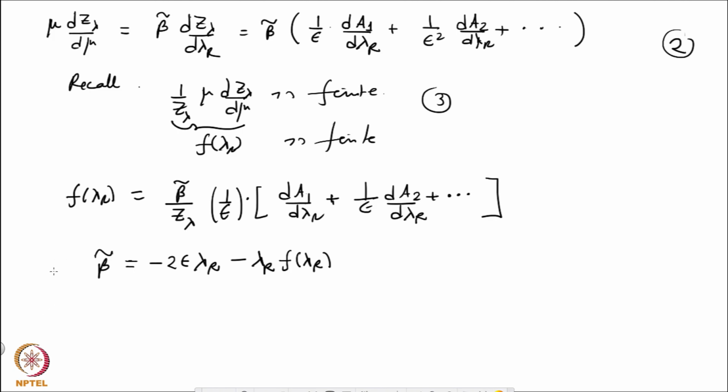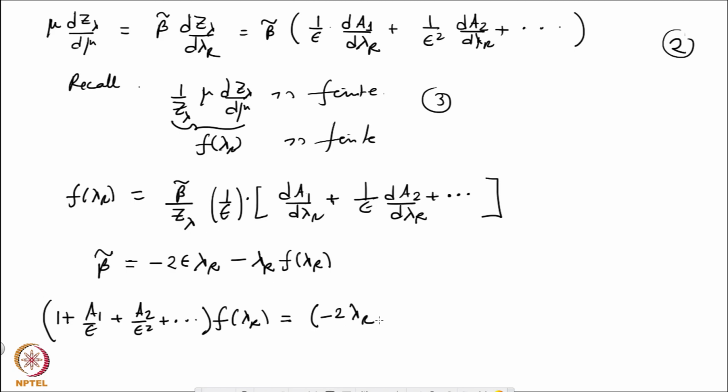And z of lambda is 1 plus a1 over epsilon plus a2 over epsilon square and so forth, into f of lambda r, that is equal to beta tilde on the other side, where beta tilde is minus 2 epsilon times lambda r, and I will divide by epsilon.